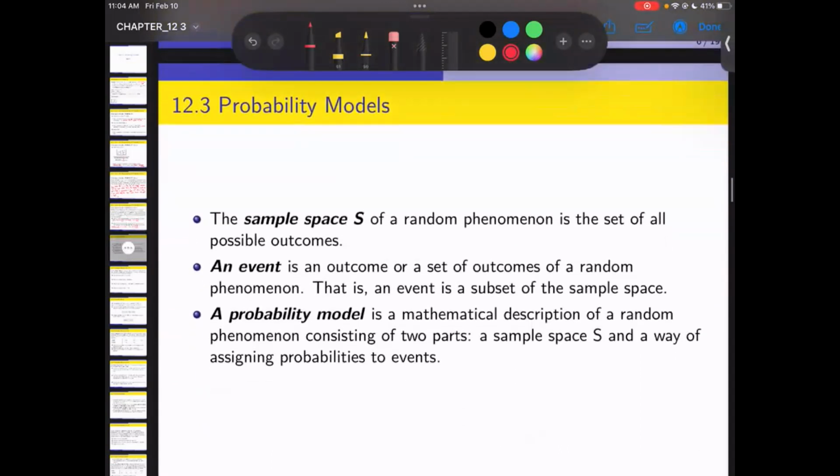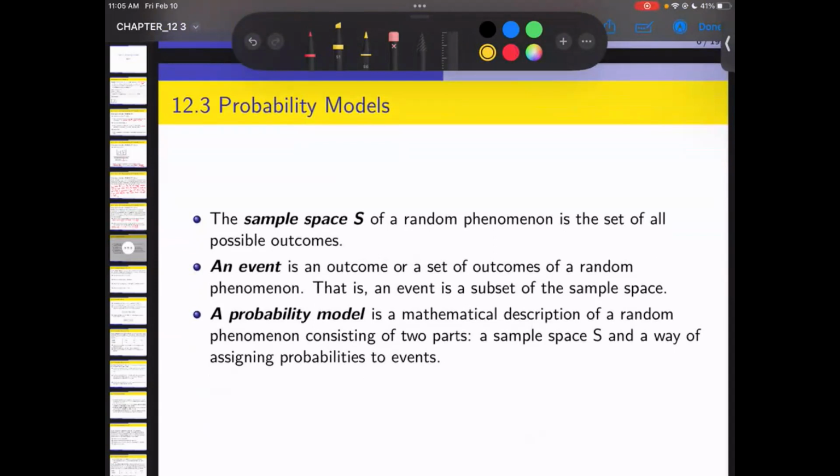Sample space is just a fancy way of saying possible outcomes of an event. So the sample space, denoted S, capital S, not little s, of a random phenomenon or random event is the set of all possible outcomes.